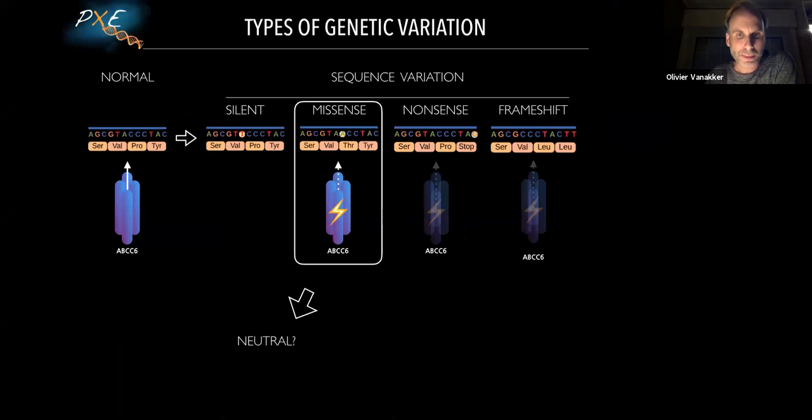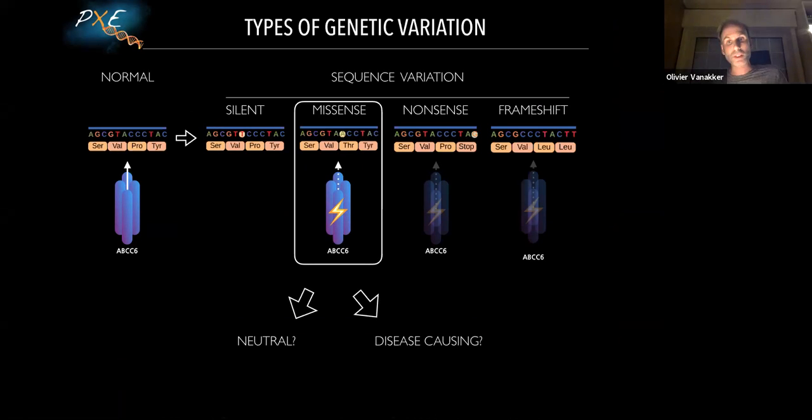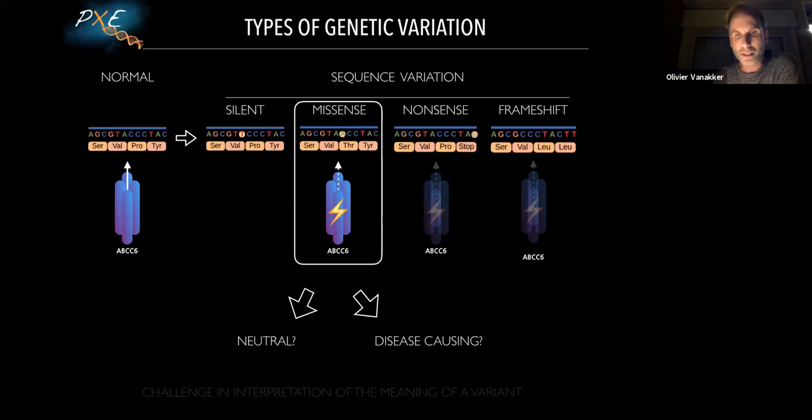These missense variants can either be neutral or disease-causing, but in both cases, they pretty much look the same when you look at the genetic material. It's just one letter that changes, and it's very difficult in some cases to find out what it is. Is it normal variation, or is it really causing PXE? So there is a challenge in interpretation of the meaning of this kind of variants.